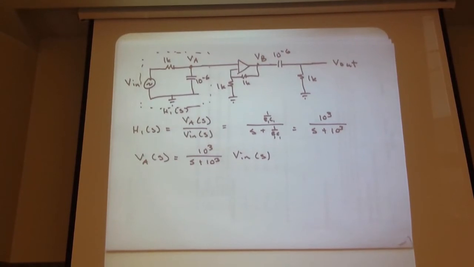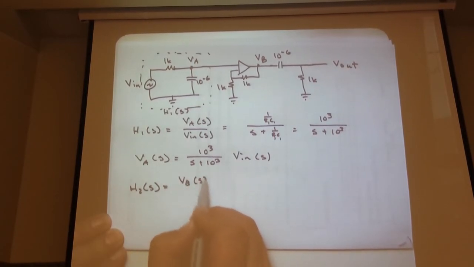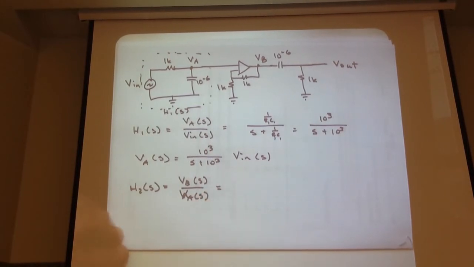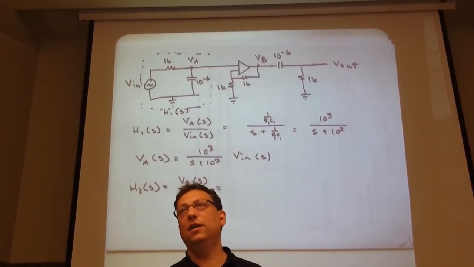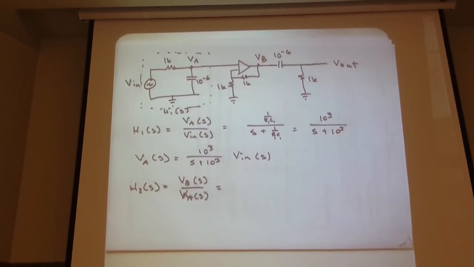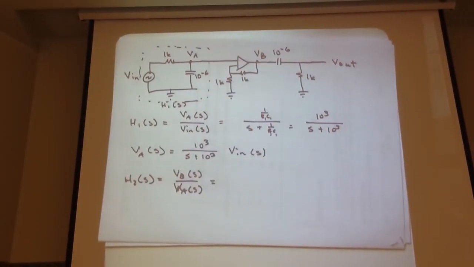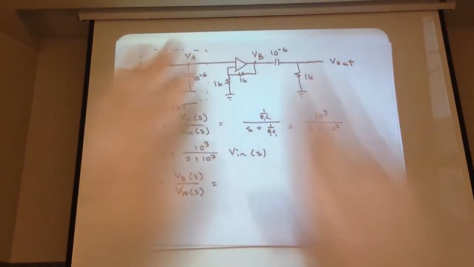Well, let's look at VA and VB. We can call H2(s) equals VB(s) over VA(s). What type of circuit is that? It's been a while since we've seen it. What type of circuit is it? It's a non-inverting op-amp. Does this circuit affect VB at all? No. This is an independent, isolated circuit.